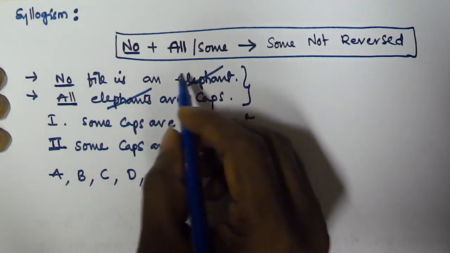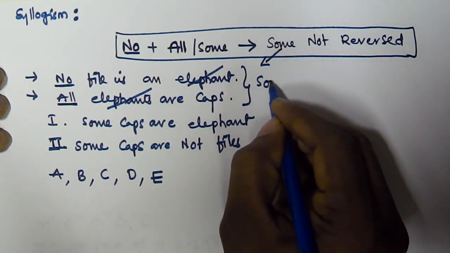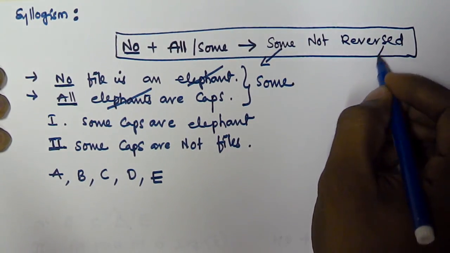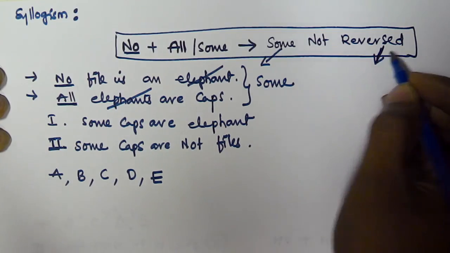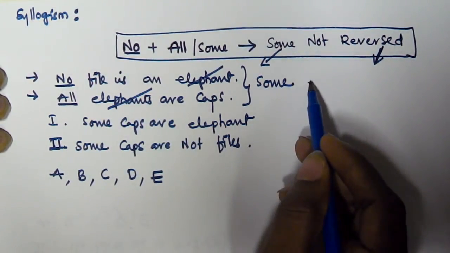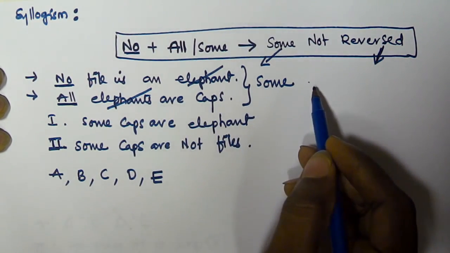So first we start with some, and now we take the concept of reversed. Generally we take the subject of the first one as the subject and the predicate of the second one as the predicate in the conclusion.